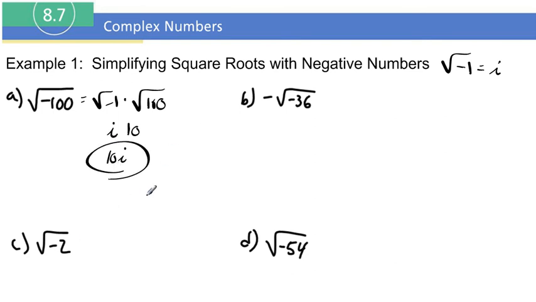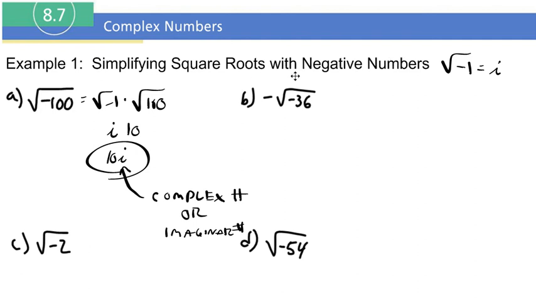This i is called a complex number, or we also call it an imaginary number. It's imaginary, or complex, because it doesn't exist. There is no such number. It's not possible to take the root of a negative number. That's why we call it imaginary, and the other name for it is complex.